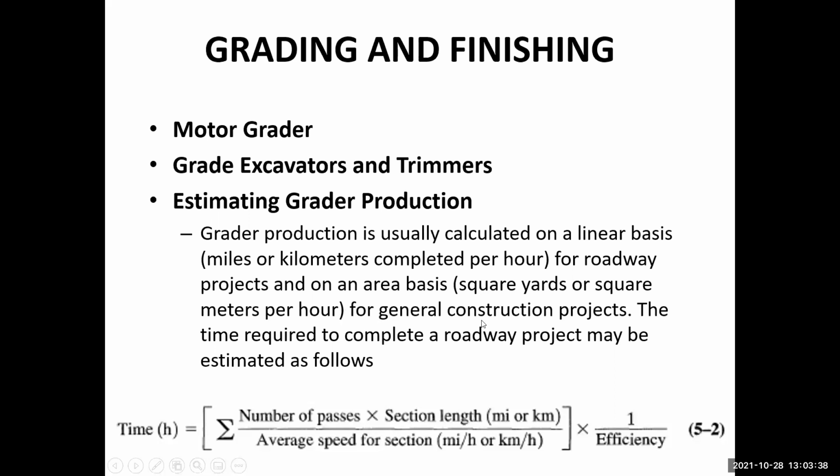So depending on the type of project, the production for the grader can be measured in miles per hour, or kilometers per hour, or in terms of area per hour. That means the area represented in square meters, square feet or square yards.